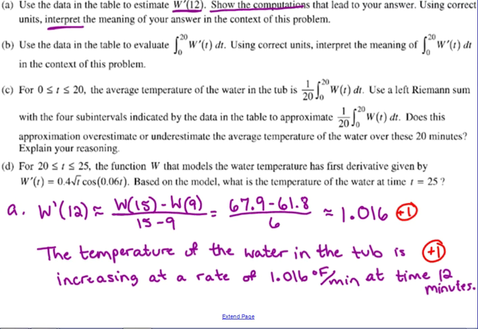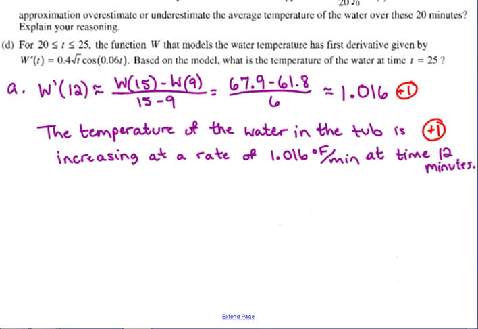All right, use the data in the table to evaluate the integral from 0 to 20 of W prime of T dt using correct units. Interpret the meaning and the context of this problem. All right, so the integral of a derivative, they cancel, but we have to plug in the limits.